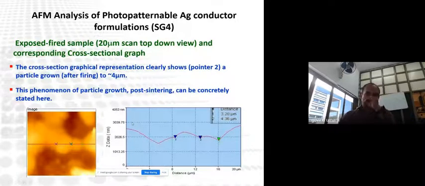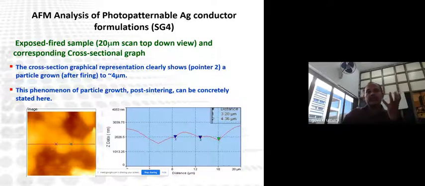And when we see the more magnified 20 micron scan corresponding to the sample, we can see the cross-sectional graphical representation clearly shows at pointer 1 and pointer 2 that the particle has grown up to 4 micron.